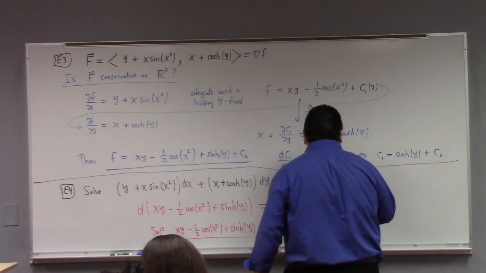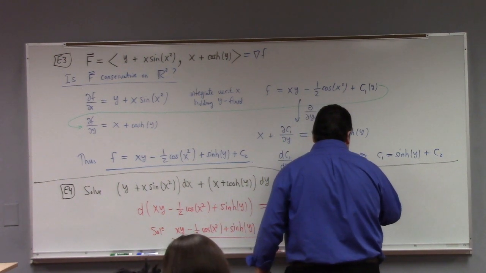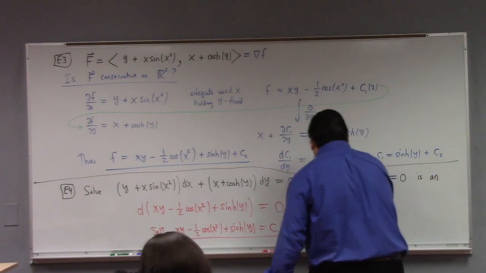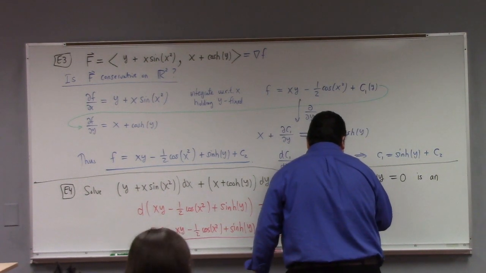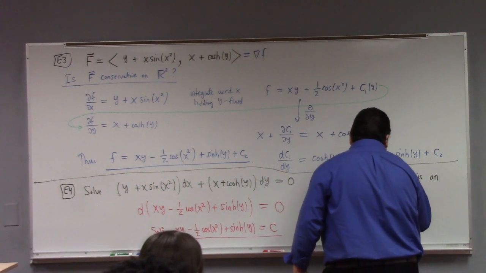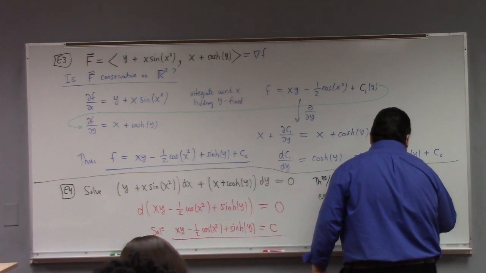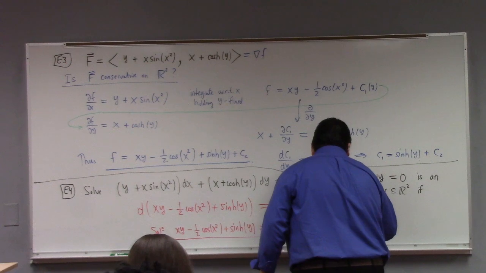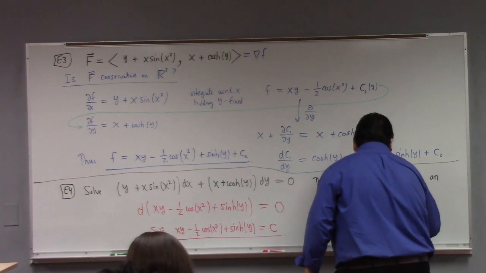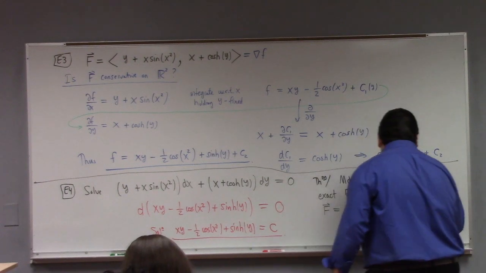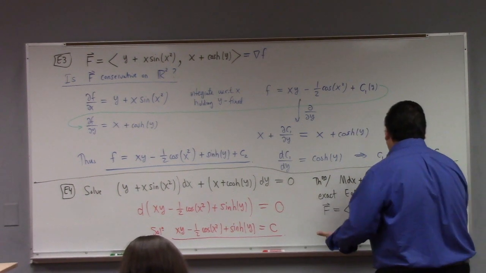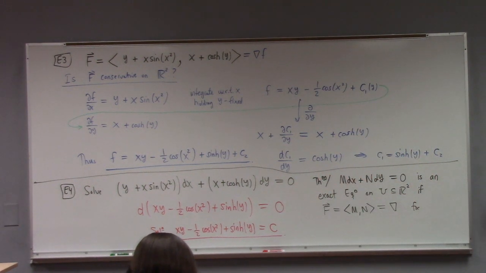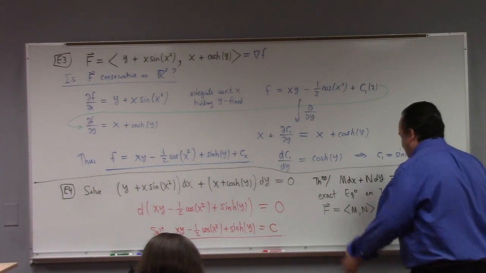So the theorem is this: M dx plus N dy equals 0 is an exact equation on U, a subset of R2, if the vector field F equals (M, N) is equal to the gradient of g for some, let me use the little f here, it doesn't have to be g, you could use the little f, you could use the little g, whatever.